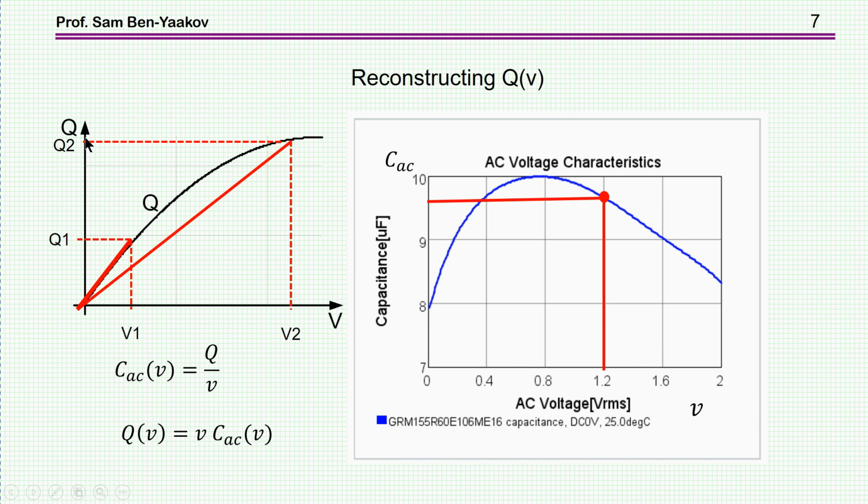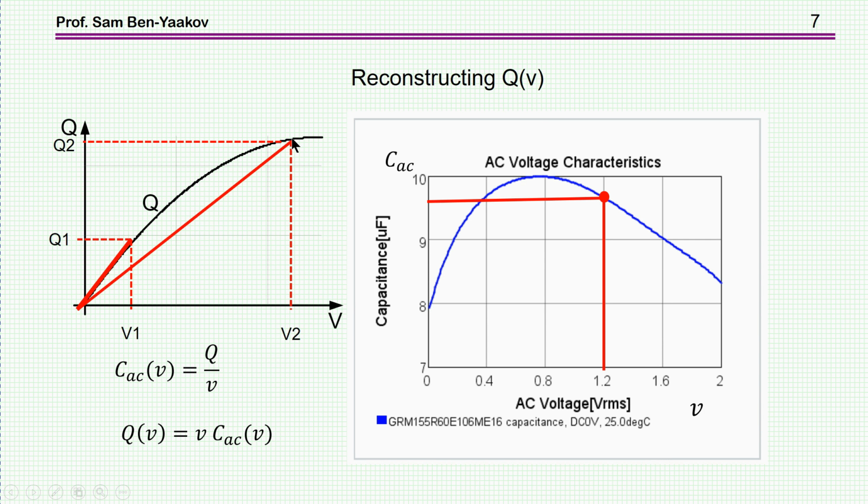Now we have here the charge and the voltage, and this line now represents the AC excitation around 0, because this curve, the AC voltage characteristic, is given around 0 DC. So we have a signal which goes both ways. I'm not showing the negative side, just the positive side.